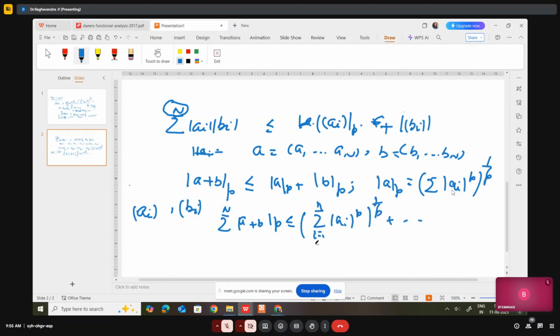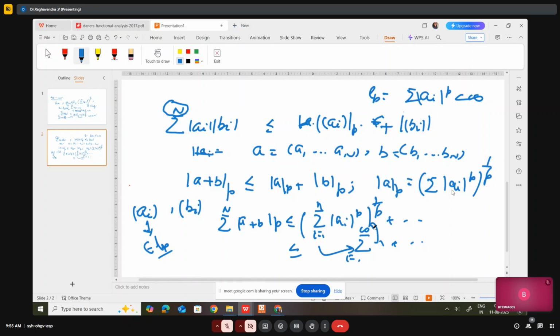Now what you do is you keep it less than or equal to the same thing and you raise this summation to infinity. Why can you do this? You can do this because you assume this ai is in LP. What is this LP? LP is the set of all sequences for which summation mod ai raised to p is finite. So this is finite.